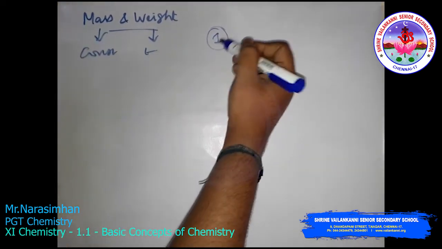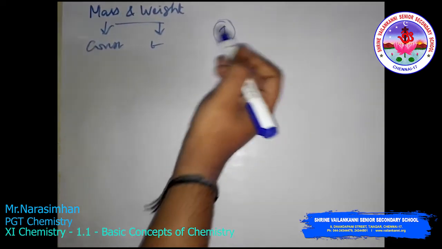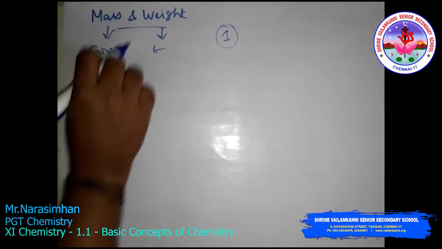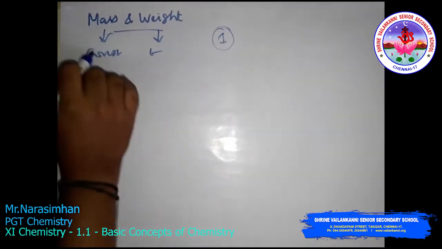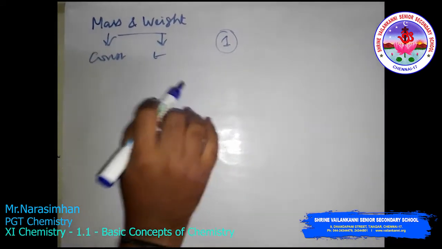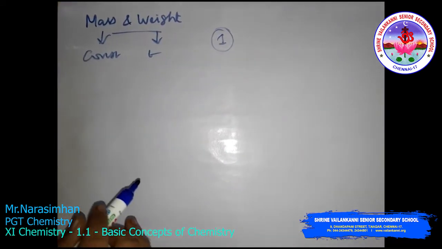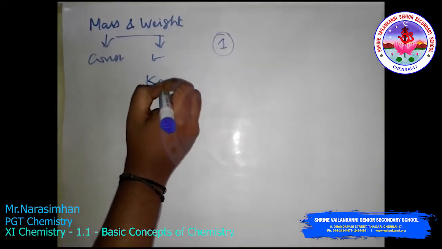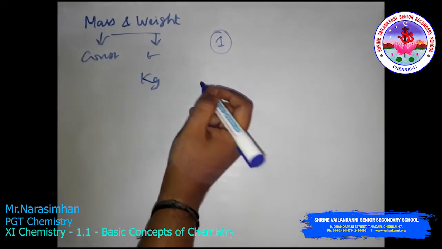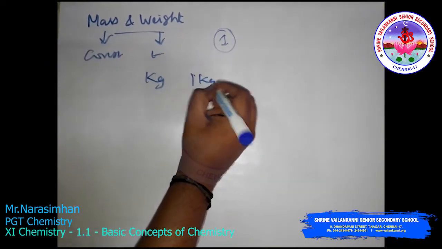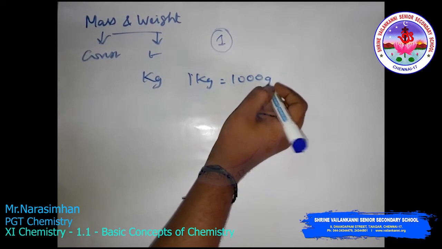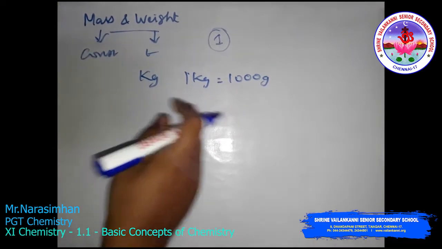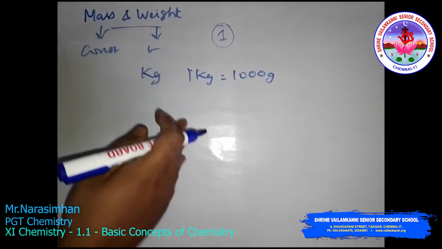So mass is constant, that matter occupying some space. The SI unit of mass we usually use is the kilogram. 1 kilogram is equal to 1000 gram. For smaller quantities, we can use the chemical balance, called the analytical balance.